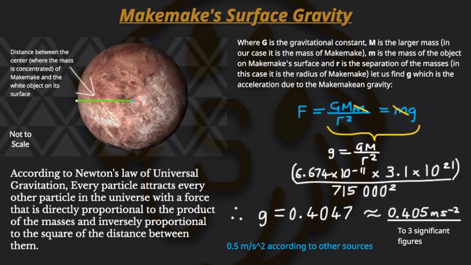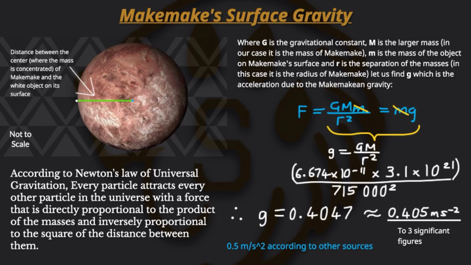According to Newton's law of universal gravitation, the force is equal to G, the gravitational constant, multiplied by the product of the masses, which is the mass of Makemake and the mass of the object on the surface of Makemake, over the separation of the masses, which is the radius of Makemake squared.